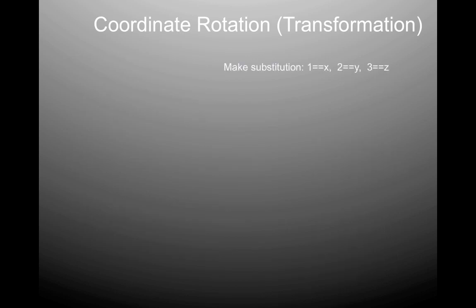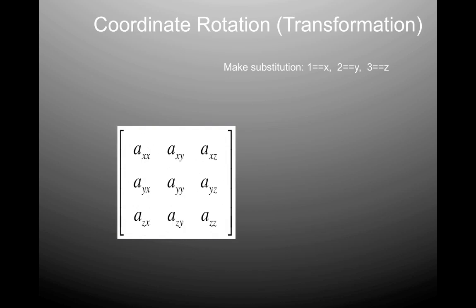In many cases, we'll substitute numbers for the x, y, z, giving us 1, 2, and 3 axes. We can write a general transformation matrix A as this matrix here. The insight is to place the old coordinates x, y, z across the top, and place the new coordinates x-prime, y-prime, z-prime along the side.